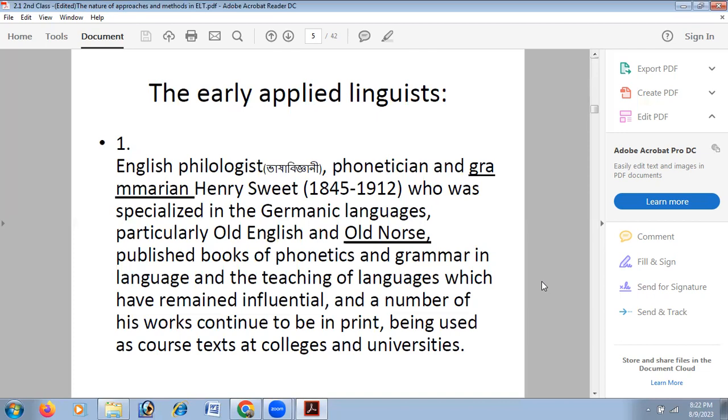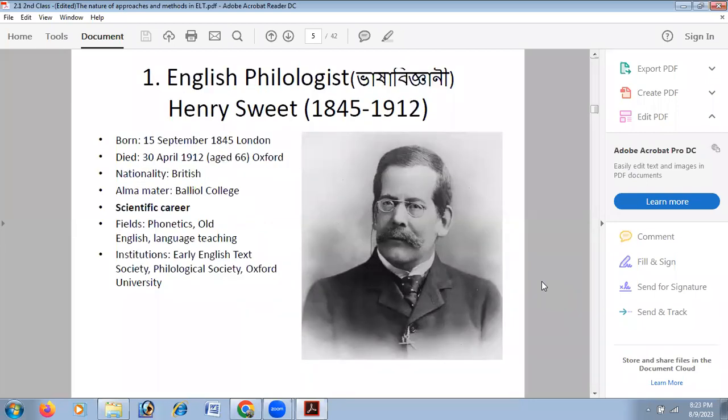And among English philologists, phoneticians, and grammarians, there is Henry Sweet, who was a specialist in grammar, particularly in Old English and Old Norse. He published many books on language teaching and languages, and he remained influential for his contribution to language learning. This philologist, Henry Sweet.